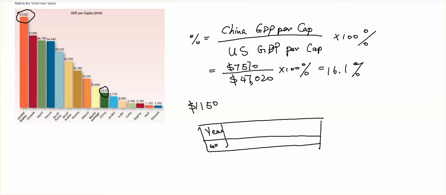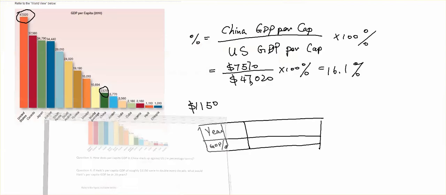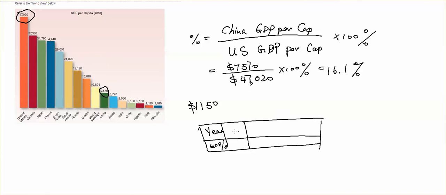This is GDP per capita. Let's say this is the initial year, 2010, and 2020, because 1 decade equals 10 years, so you need to add 10 years, and 2030.